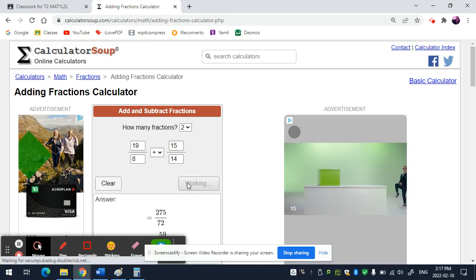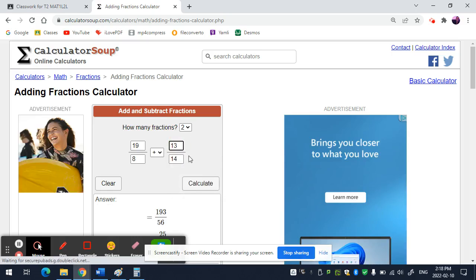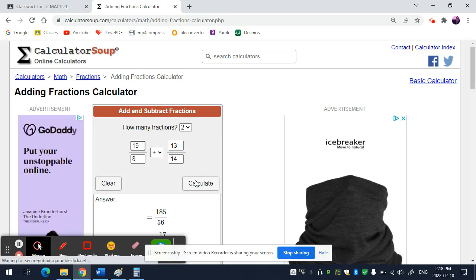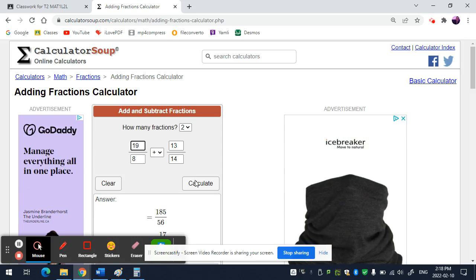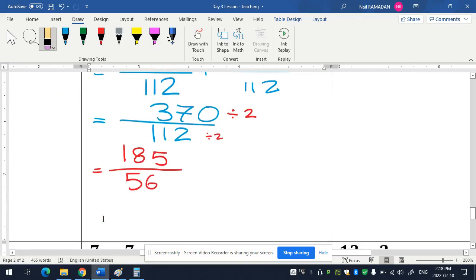Yeah. Okay. Oh, 13. Okay. Whoa. 185 over 56. Is that what we got? So that means what? That's as small as we can get the number.